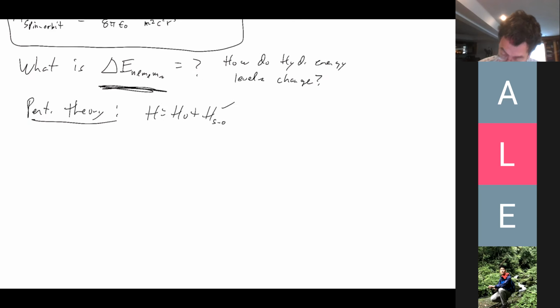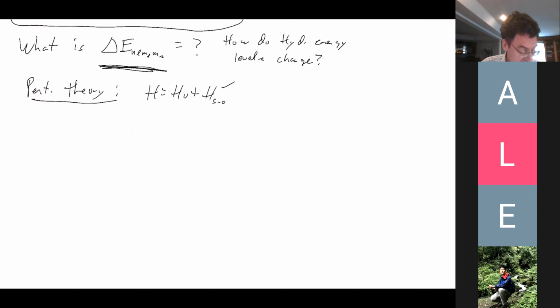Okay, so let's do it. So for perturbation theory, the first thing you do is, well, you have to pick your basis. And so let's pick our favorite basis. This is our basis, the N, L, M sub L, M sub S basis.